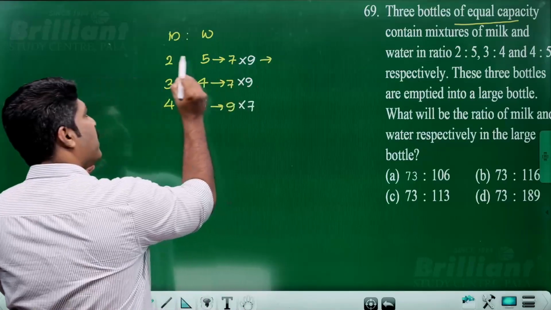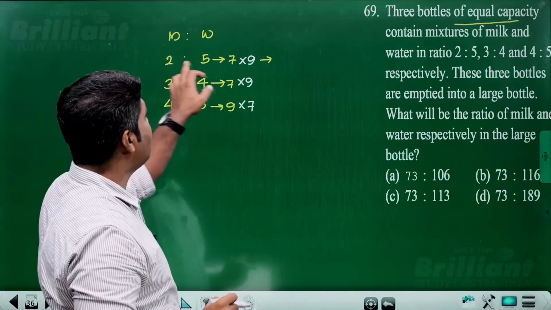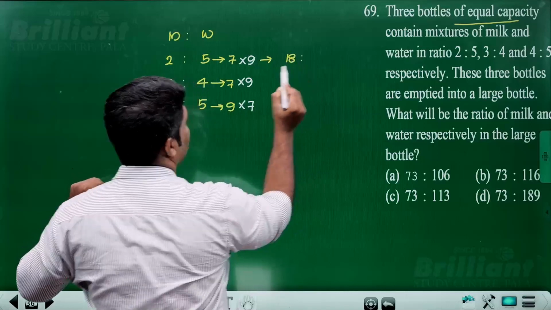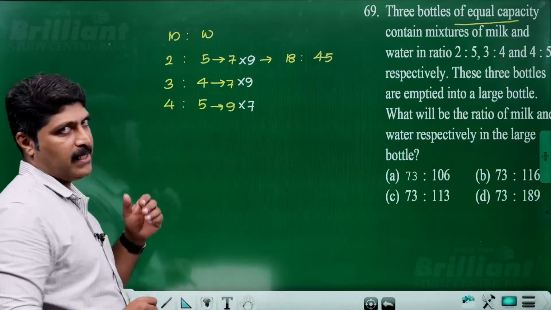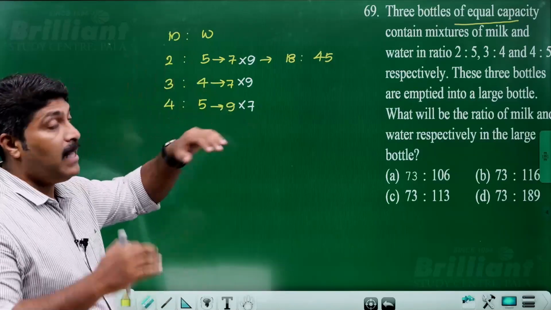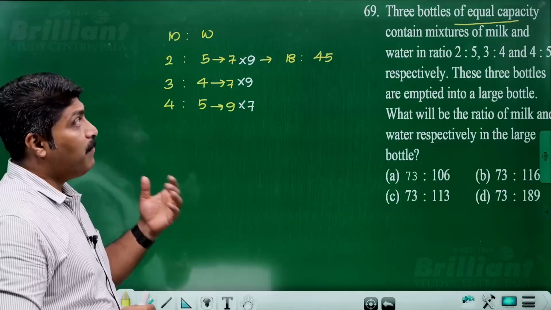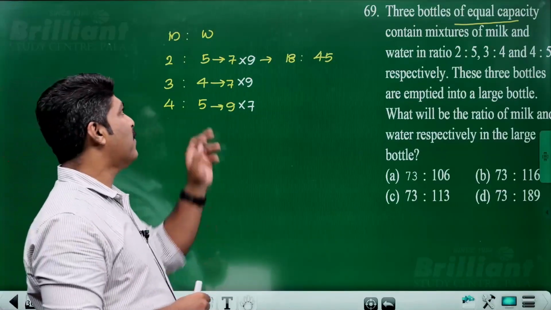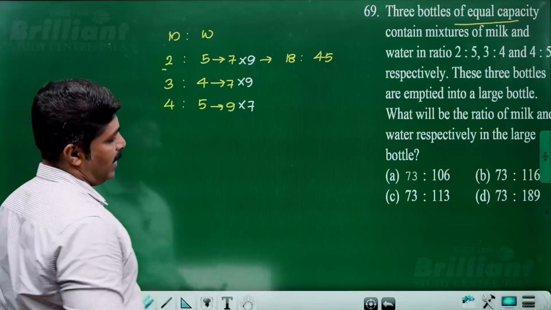When we multiply 2:5 by 9, 2 into 9 is 18, and 5 into 9 is 45. That is 18:45, the equivalent ratio of 2:5. So for making the capacity of the 3 bottles equal, we are multiplying these 2 ratio values by 9.